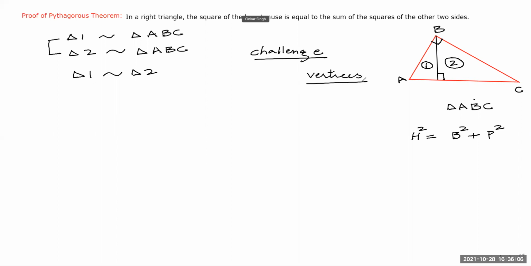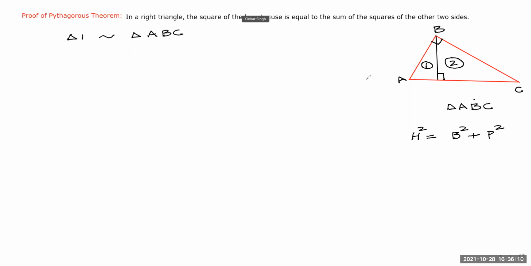So let's learn that, and from that we can derive the Pythagoras theorem also. Now we have drawn a perpendicular from B on AC, that is BL. Now please tell me which two triangles are similar.